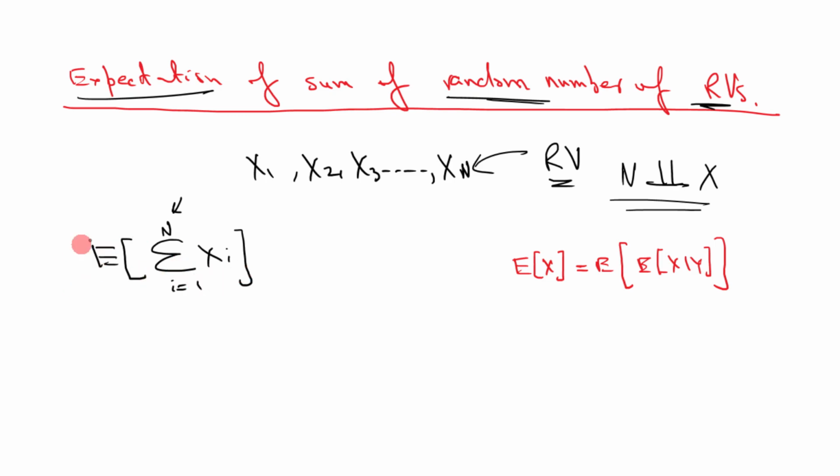So we can represent this expectation as expectation of expected value of summation i equals 1 to n xi given n.